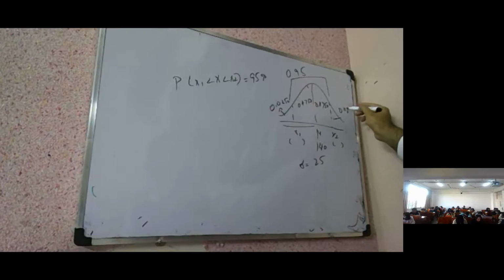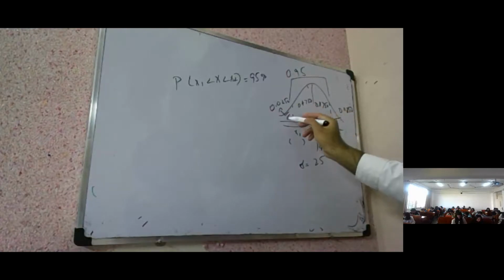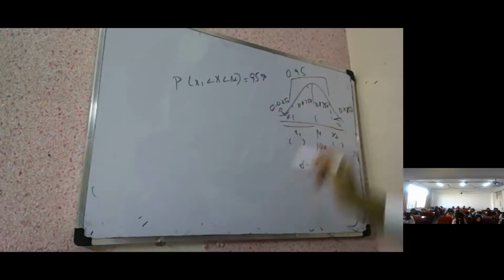So that we know. Now we have the probabilities of x1 and x2, this area and this area, and this area is also. Now, let's solve it. We know it's symmetrical, so we have calculated these areas. The total area under the curve is 1, so the remaining you can get.